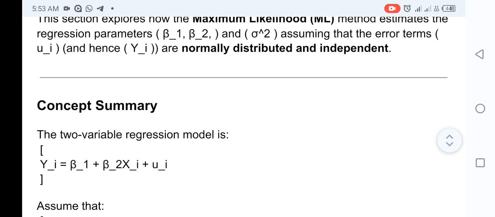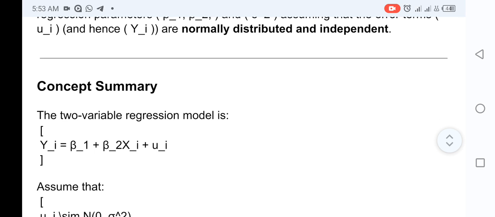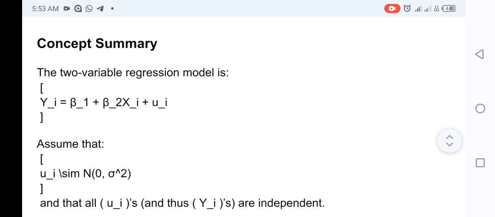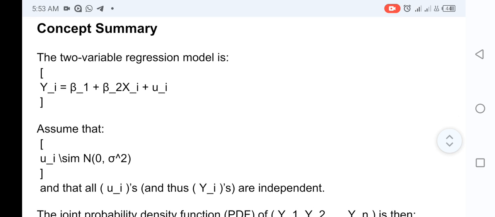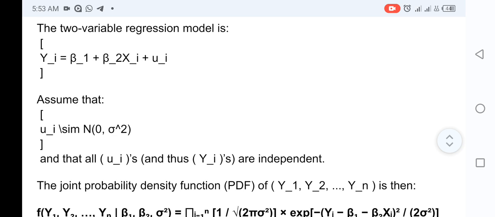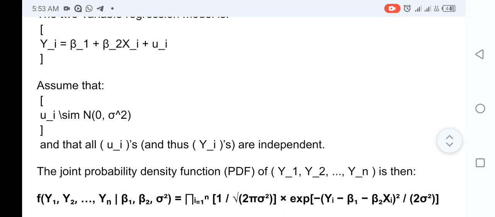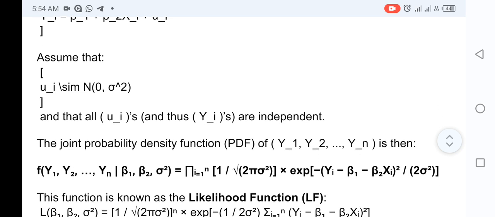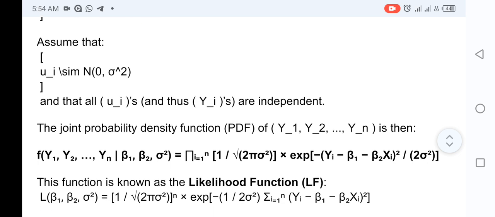Concept summary. The two-variable regression model is Y_i = β_1 + β_2 X_i + U_i. Assume that U_i ~ N(0, σ²), and that all U_i's, and thus Y_i's, are independent.